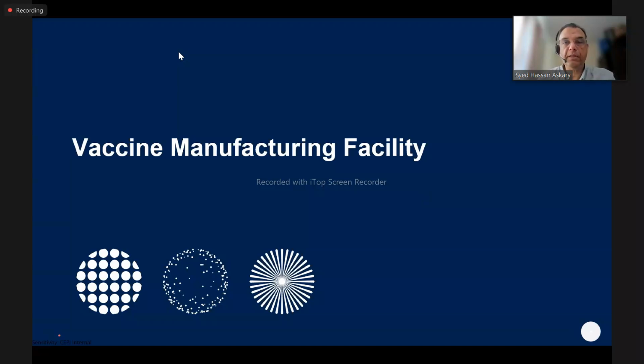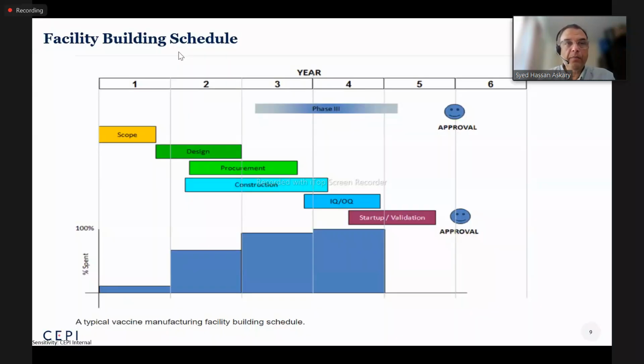Vaccine manufacturing facility. So, facility building schedule. I thought this was a very good schematic to demonstrate how the facility comes up and running. You have to define a scope and then design the facility, procurement, construction. Once the construction is done, then you do the IQ/OQ, and this is where you start manufacturing your phase 3 clinical trial material after IQ/OQ, and then start validation of the equipment, and then you get the facility approval.